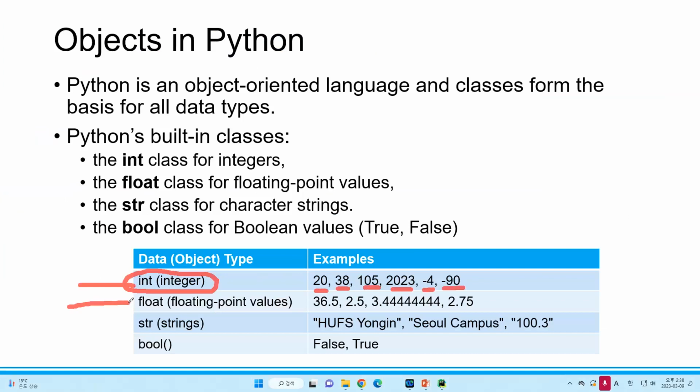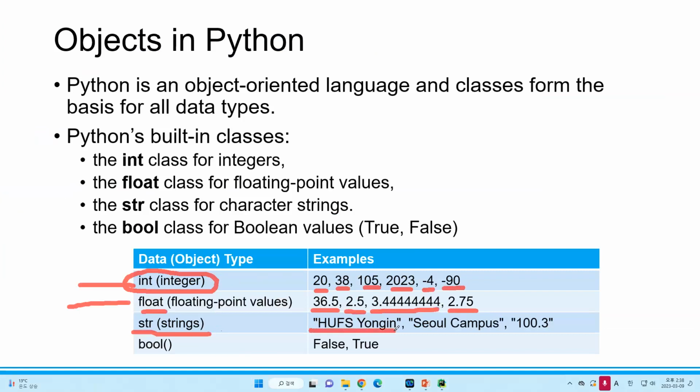Float, floating point values. For example, 36.5, 2.5, 3.4444444, or 2.75. Because this is float. Strings, str.